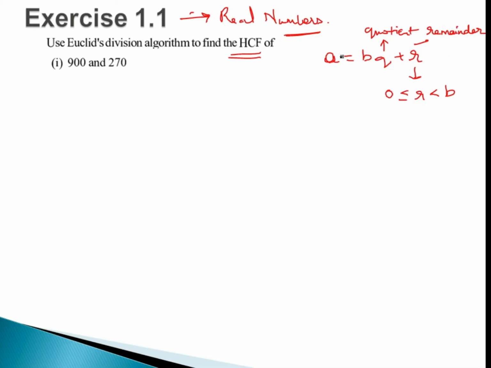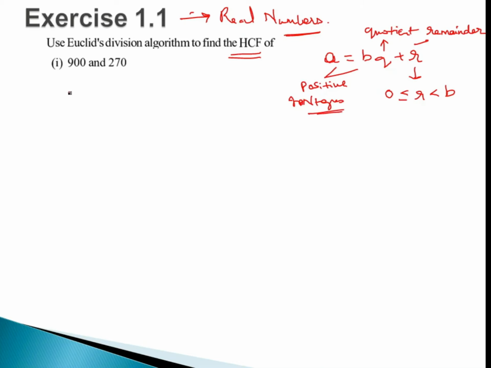A and B are some positive integers. Okay, so let's see how to deal with this.